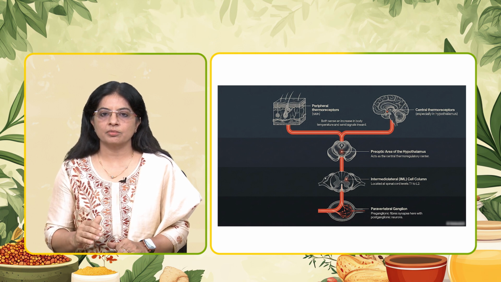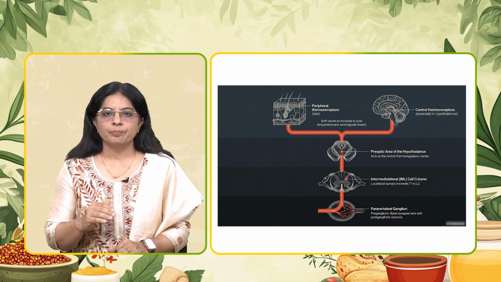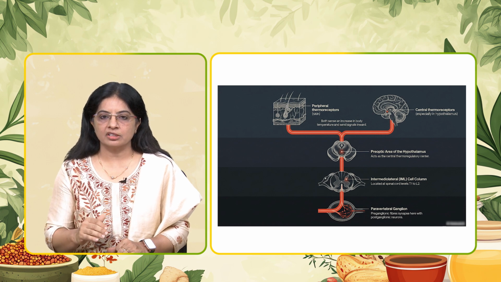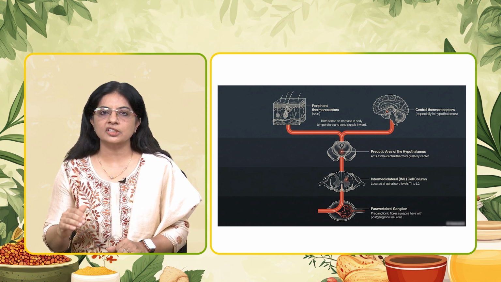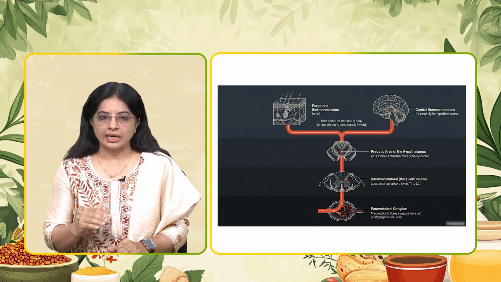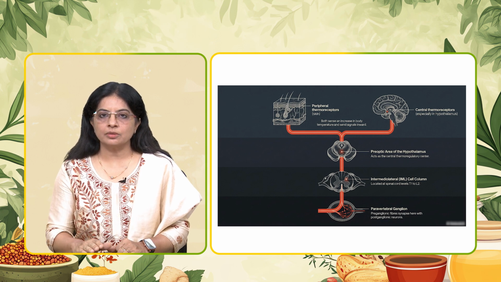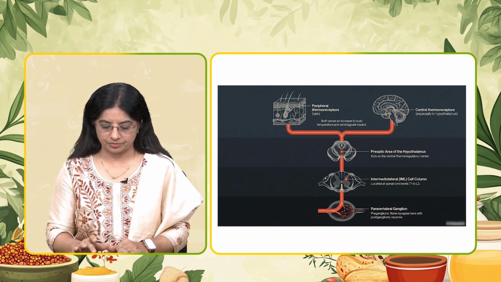From the hypothalamus, signals descend to the intermediolateral cell column in the spinal cord at the T1 to L2 levels. Preganglionic fibers enter a sympathetic ganglion such as the paravertebral ganglion where they synapse with the postganglionic fibers.